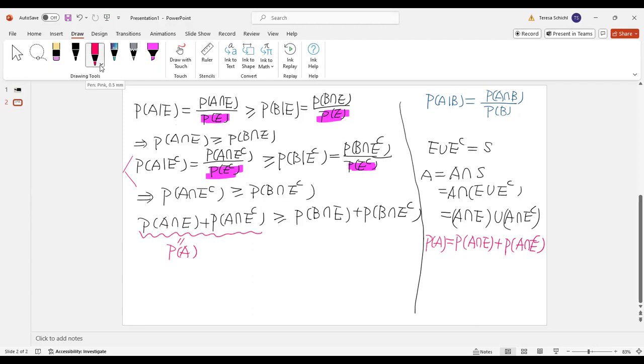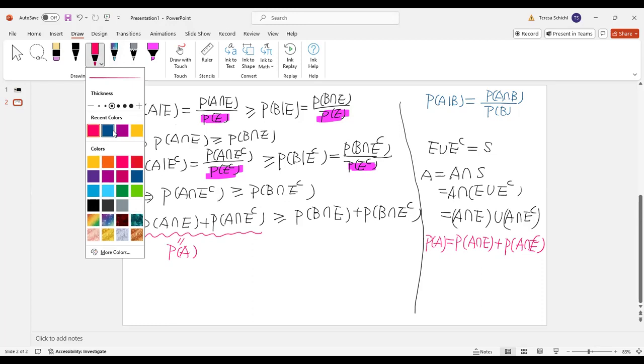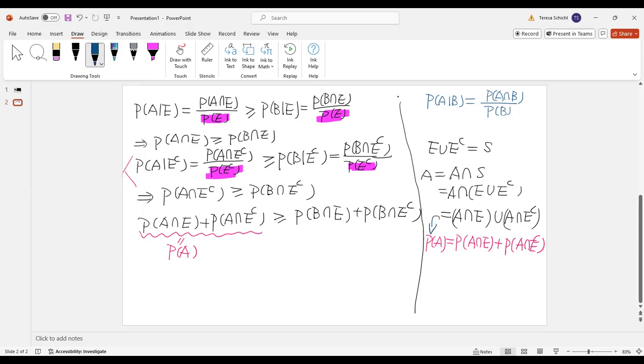The reason I can write the probability this way is that A intersect E and A intersect E complement are disjoint sets, because E and E complement are disjoint.